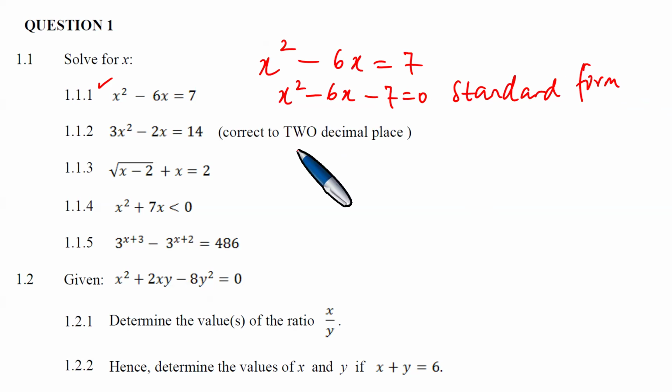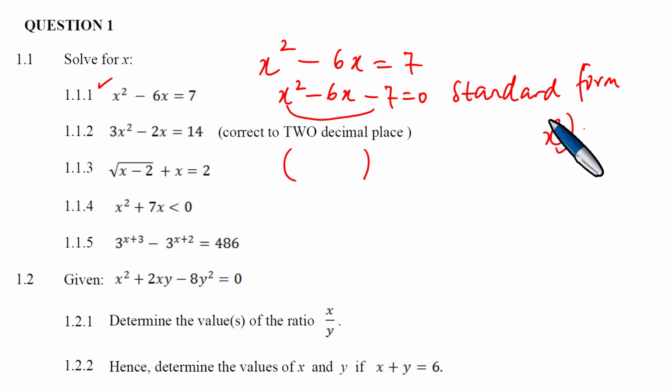Next, what do we do now after it is written in standard form? Factorize. What are the factors of this? How do we factorize this? There are many ways to factorize this, but I'm going to use a general approach where we multiply x squared by minus 7.